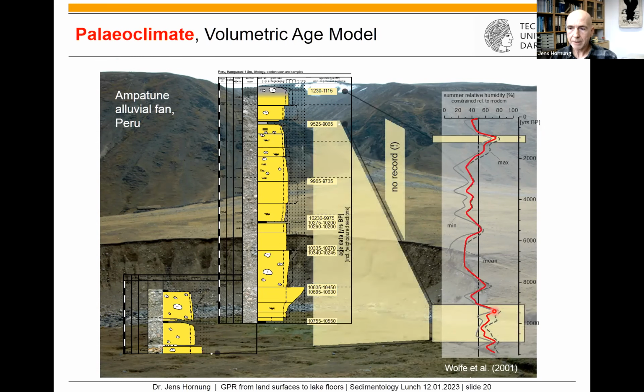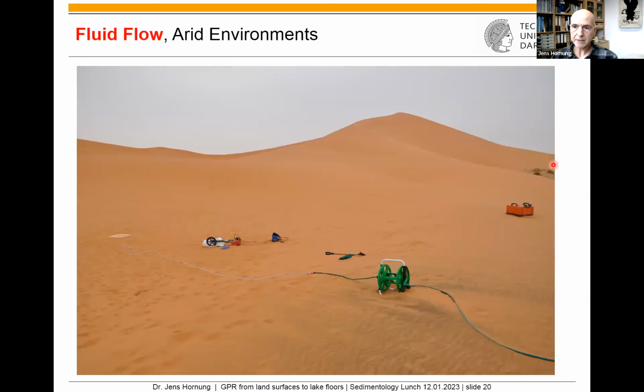And ta-da, again, all these sediments of this alluvial fan in Peru were deposited in moist phases here and here compared to the modern level of moisture. So again, moisture, temperature, paleoclimate archives are very well developed in alluvial fans.